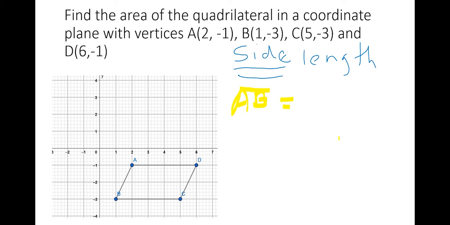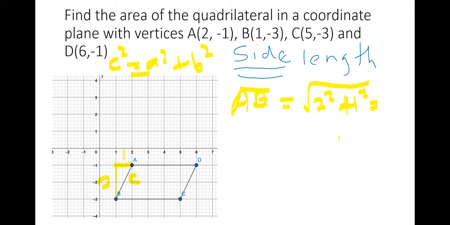We have going up 2 and right 1. We need to find C. So we know C squared equals A squared plus B squared. To find C, we take square root of everything. So we have square root of 2 squared plus 1 squared. 2 squared is 4 plus 1 squared is 5, so square root of 5.